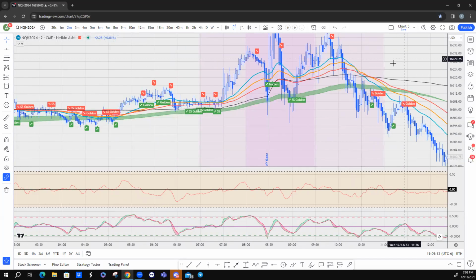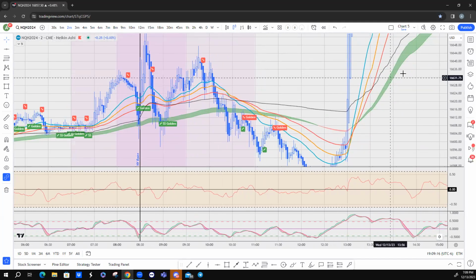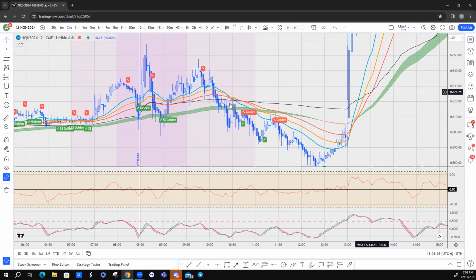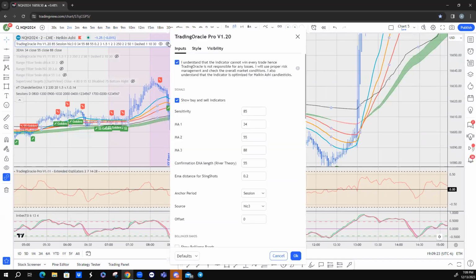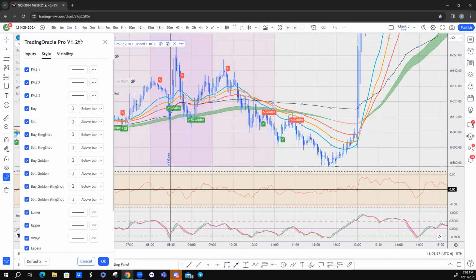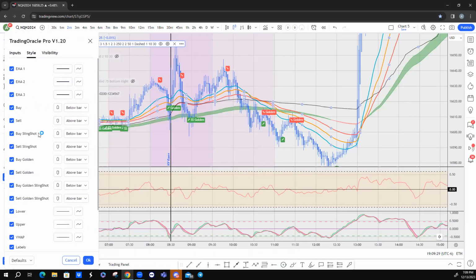So the really cool thing about these signals is that if you go into the style here, for instance, you can turn off the buy and the sell.